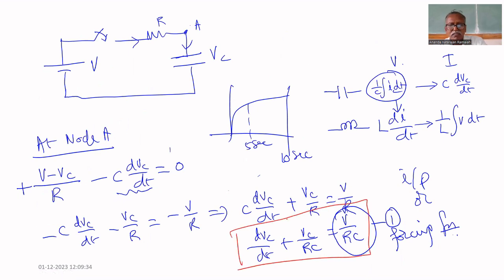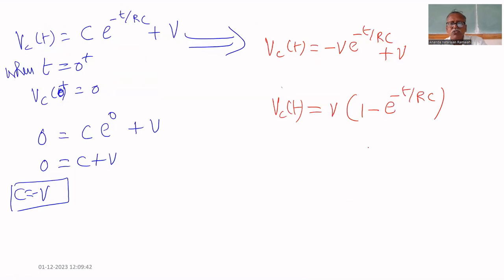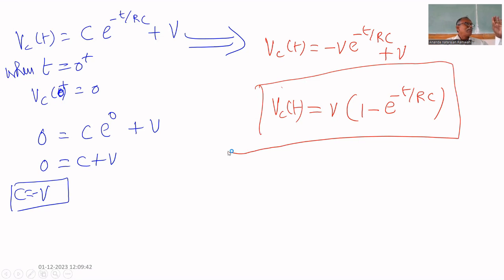For that, this is the solution. Actually, what you are doing in mathematics class, the given equation is differential equation, solution is algebraic equation. So you are converting the differential equation into algebraic equation. That's why it is called a solution.